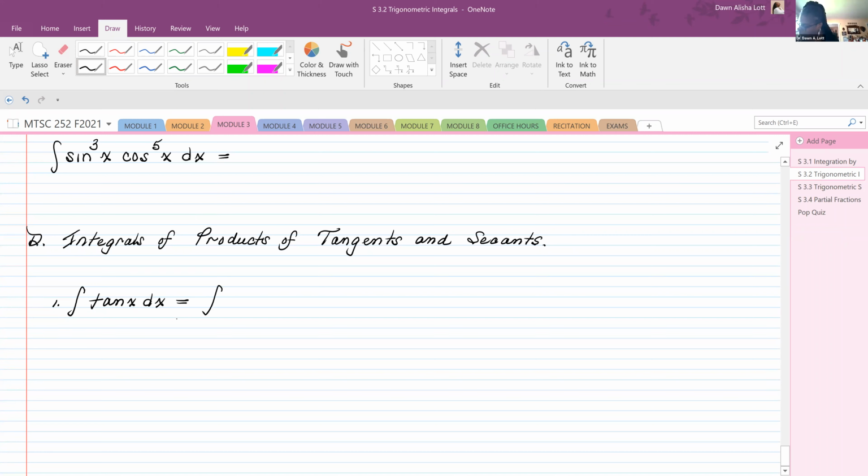We write this as the sine of x over the cosine of x dx. And we let u equal the cosine of x, and du equal minus the sine of x dx. So the sine of x dx became minus du.